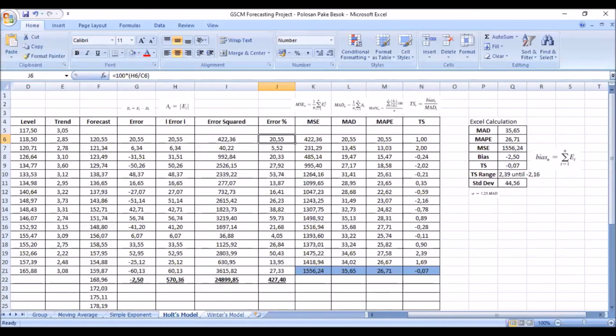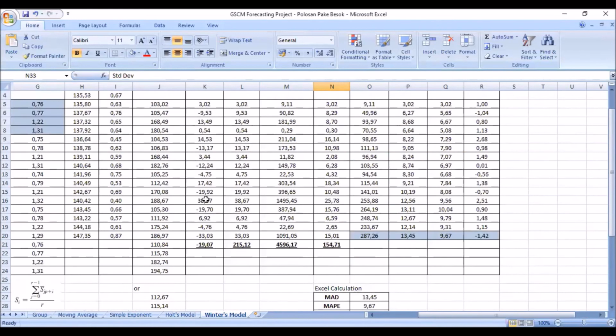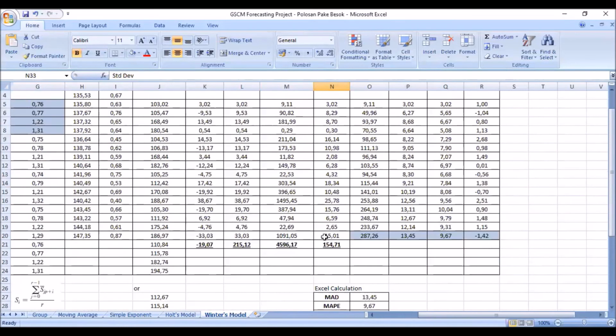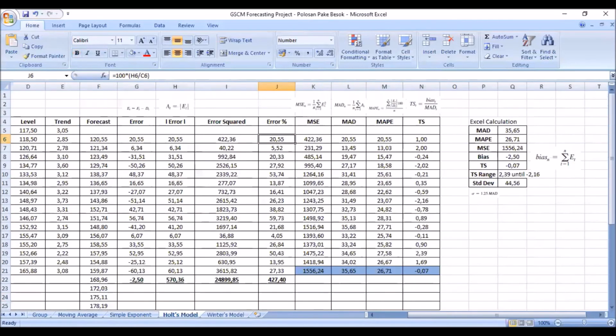But still, does it mean that the Holt model is better than the Winters model? No, it's not. It means that the Winters model is still better because, despite having higher bias and TS, it has a lower error percentage compared to the Holt model, which implies it has lower error, and it also has lower MAT, MAP, and MSE.